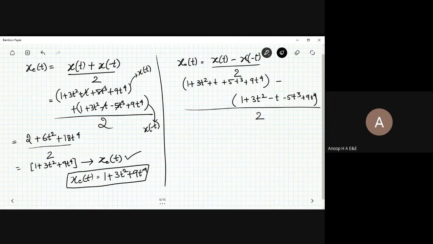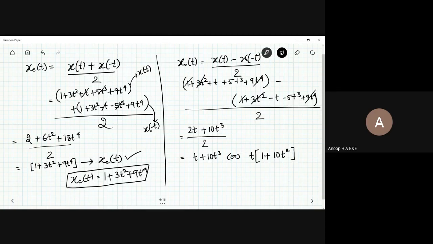Next, the 1s get cancelled, the 3t squared terms get cancelled, and t minus minus t gives 2t. Next, you get plus 10t cube. The 9t power 4 terms also get cancelled, and it is divided by 2. So you get t plus 10t cube, which can be written as t times 1 plus 10t squared.